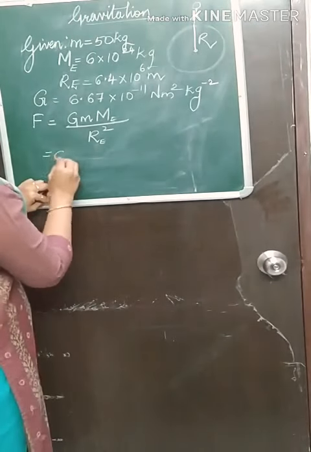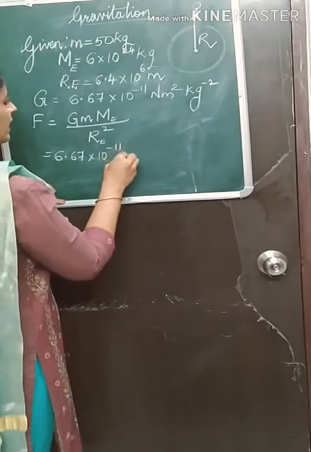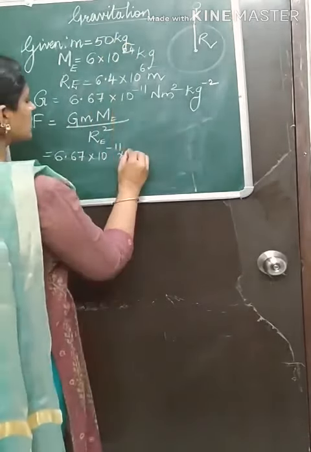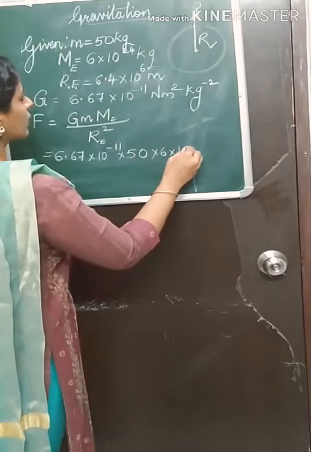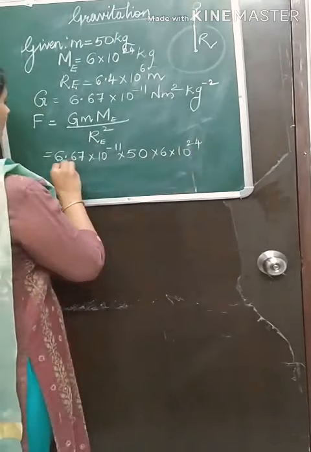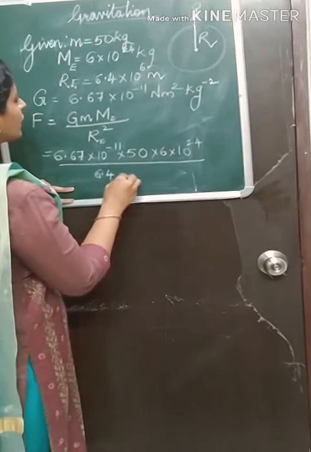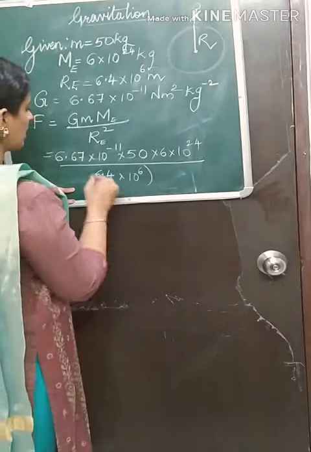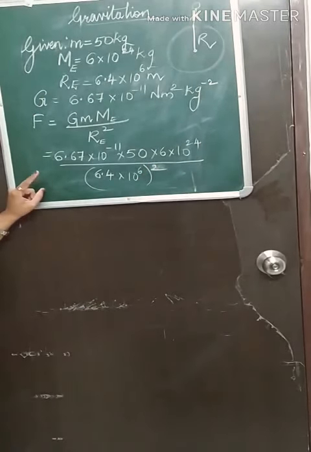Substitute the values. 6.67 into 10 raised to minus 11, into the mass of the person, which was 50, into the mass of the earth, 6 into 10 raised to 24, upon the radius, which was 6.4 into 10 raised to 6, the whole square. Correct?